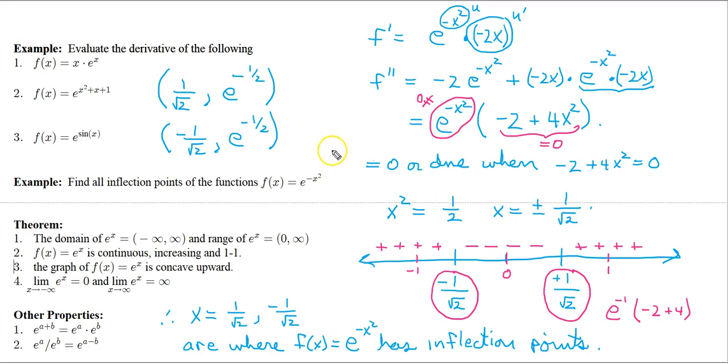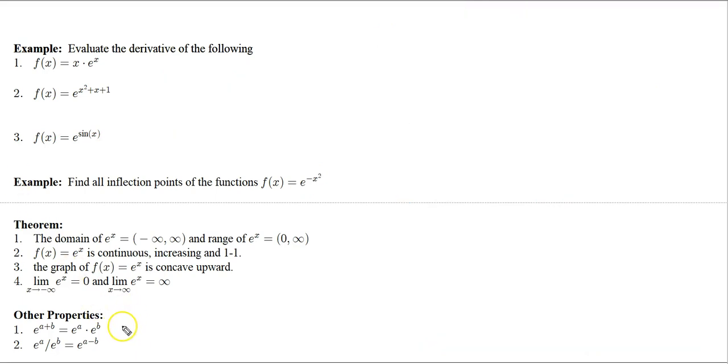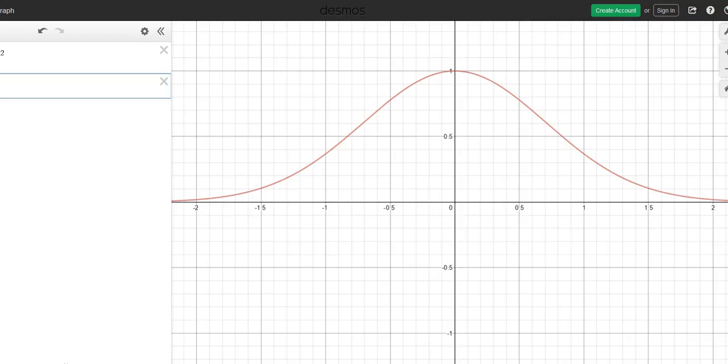And very quickly, let's just take a look at the graph of this function just to verify that these really do look like inflection points. So here's our graph of the function. Now 1/√2 is going to be approximately 0.707. And so that's going to be right about there.